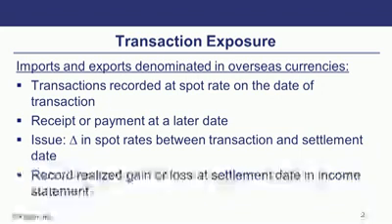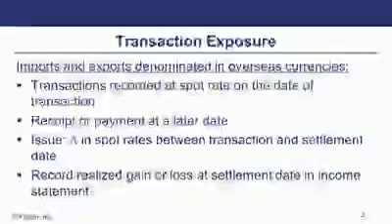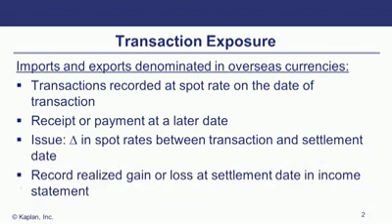So if the pound has weakened against the dollar, we're going to receive less pounds than we were expecting. But if the pound has strengthened against the dollar, we're going to receive more pounds. The difference between what we were expecting to receive and what we actually received due to movements in the exchange rate is going to be reported in the income statement as essentially a gain if we're receiving more currency, or a loss if we're receiving less.